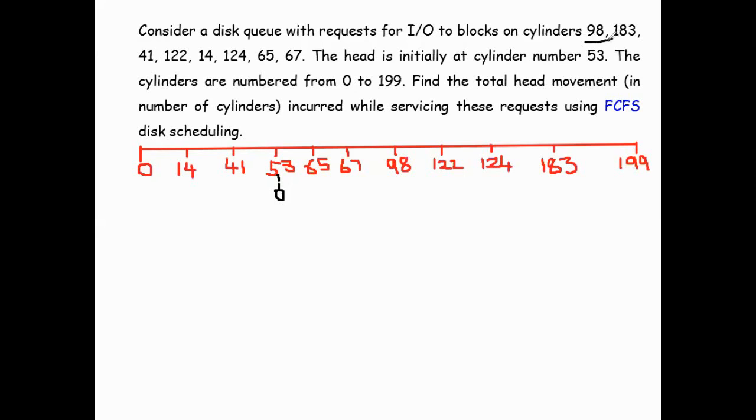In the problem, the first request is for cylinder number 98. Hence, from 53, the head will move to 98. The next request is for cylinder number 183. Now, the head moves from 98 to 183.